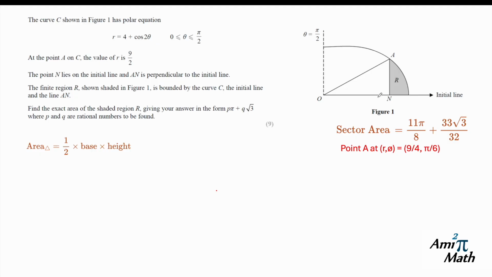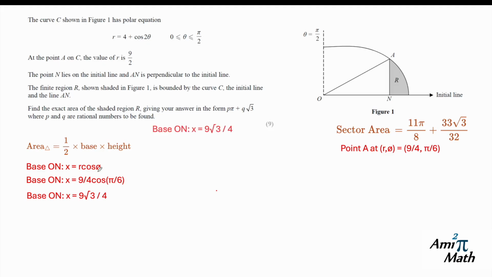Now we need to work out the area of AON, which is this triangle, and to do that we need to find the base and the height. The base would be this, which is x, and as we know, x equals r cos theta, and we know that our r is 9 over 4 and our theta is pi over 6. Putting that back into this equation gives us 9 root 3 over 4.